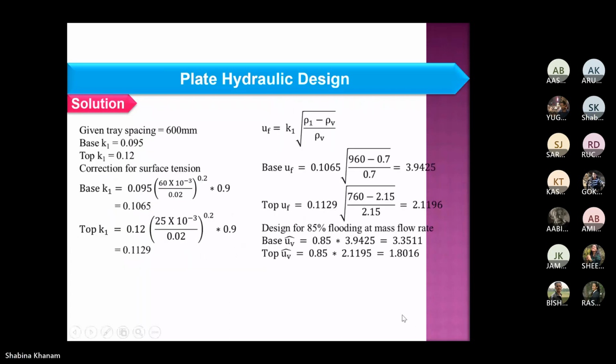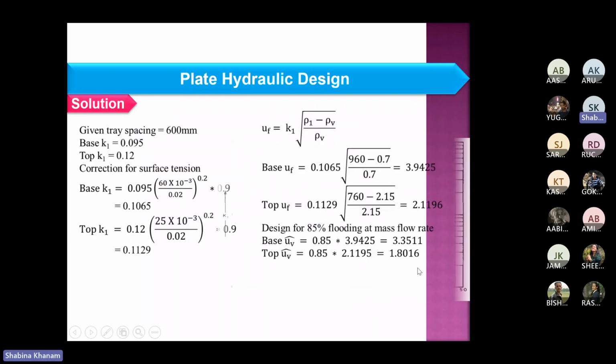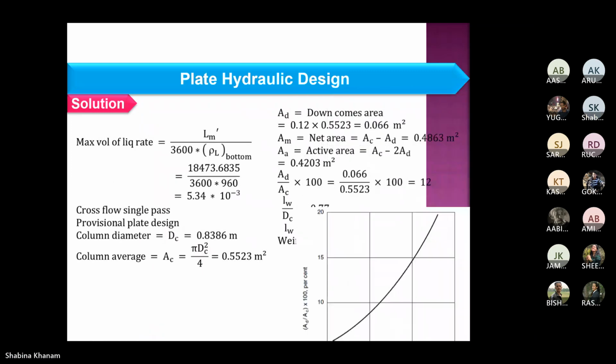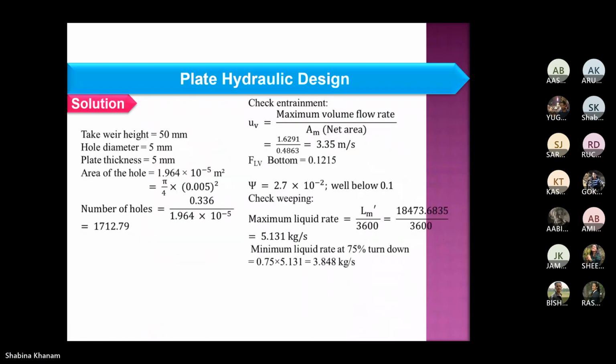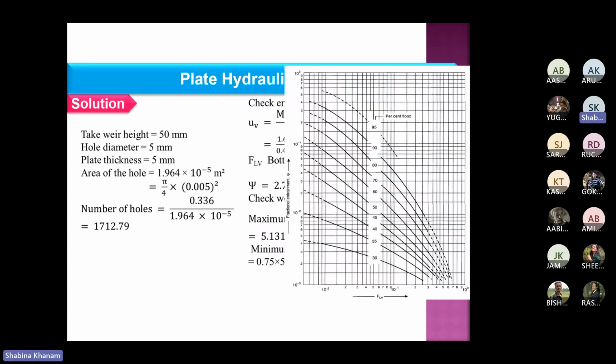Okay. FLV, we can take this one, 0.125. Like this. And psi value you can see from the graph. Okay, this graph is given for a given FLV value. And here percentage flooding, you need to consider 85% only.